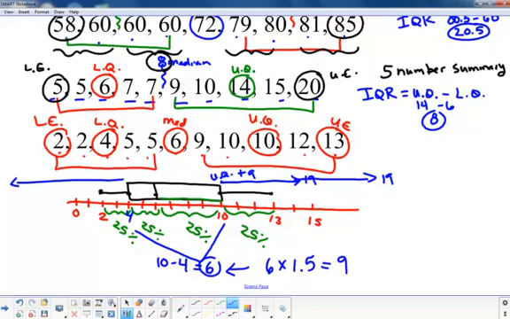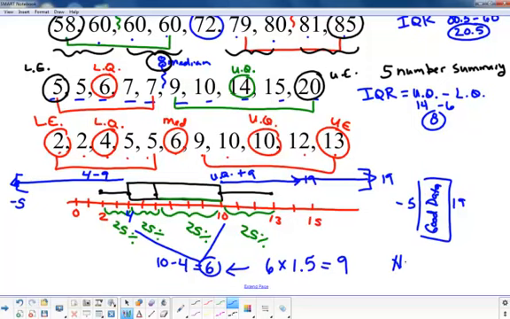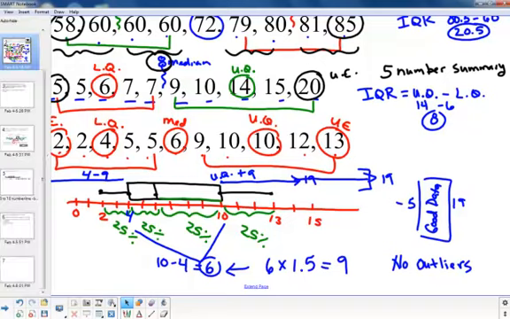So 9 less than 4 is -5. So all of my good data is between -5 and 19. All of this is good data. So in this case, I have no outliers. Which makes sense. The data seems pretty close. It doesn't seem like there is a number that's not quite right.